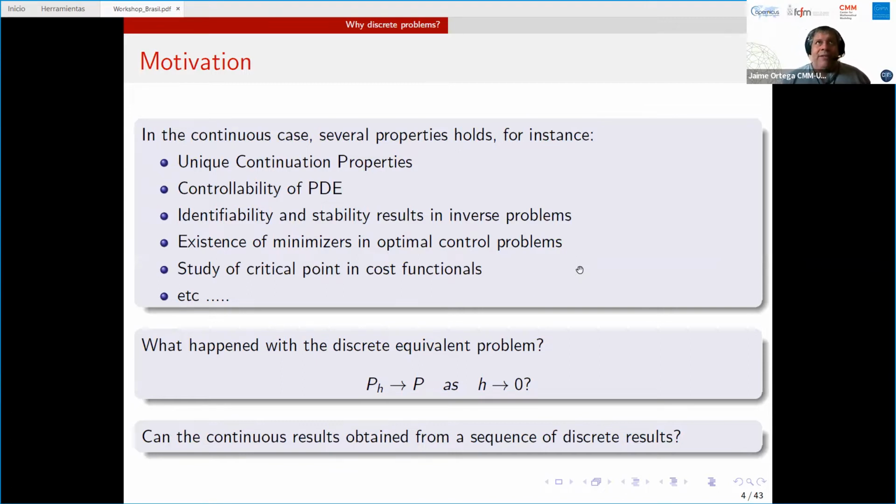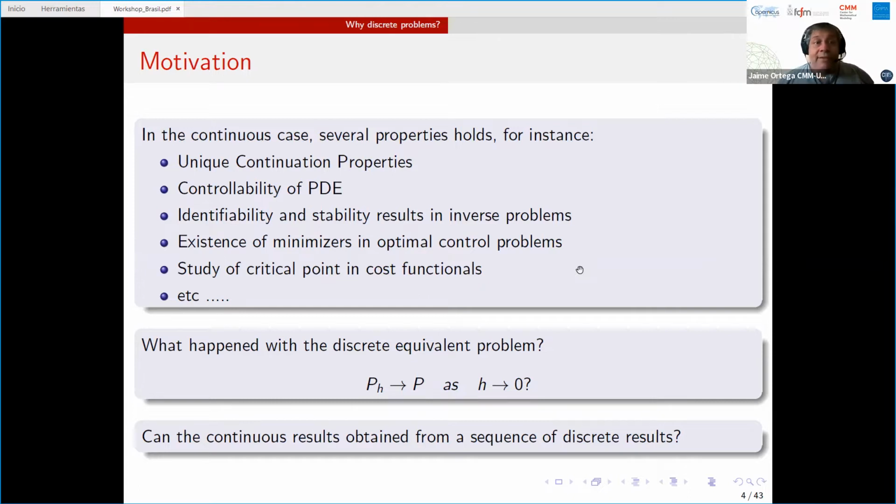For instance, in the continuous case, for the Laplacian, which is the most friendly operator, we have a lot of properties, like the unique continuation property. There are a lot of people who talk about controllability in PDE.